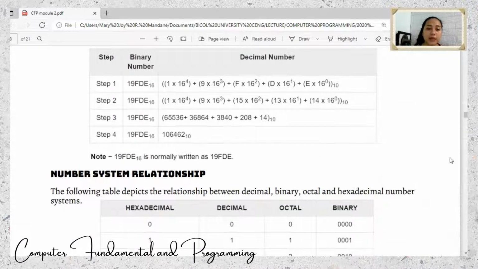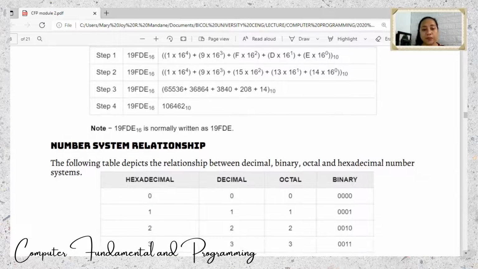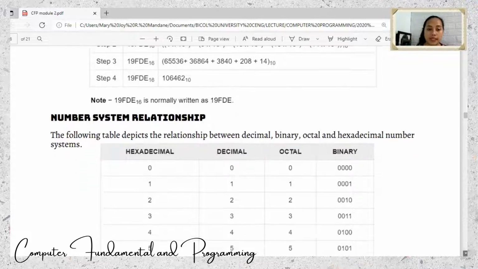So what are the number system relationships? The following table depicts the relationship between the decimal, binary, octal, and hexadecimal number systems.